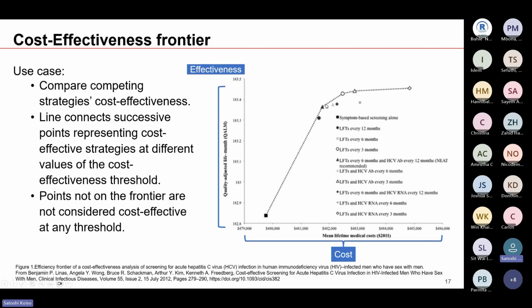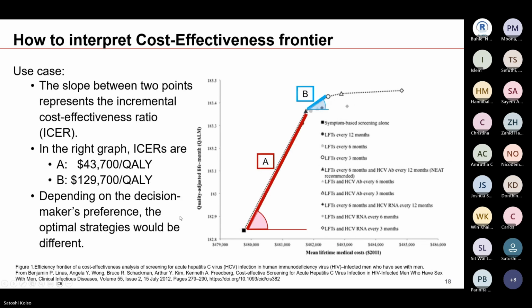So they are dominated. For now, these 1, 2, 3, 4, 5 dots under the lines are dominated. How do we interpret this cost effectiveness frontier? The slope between two points represents the incremental cost effectiveness ratio.